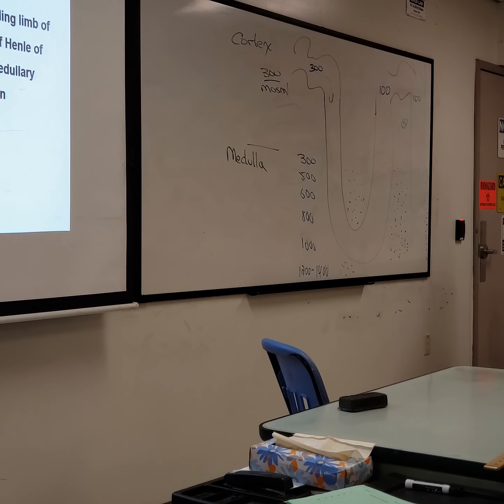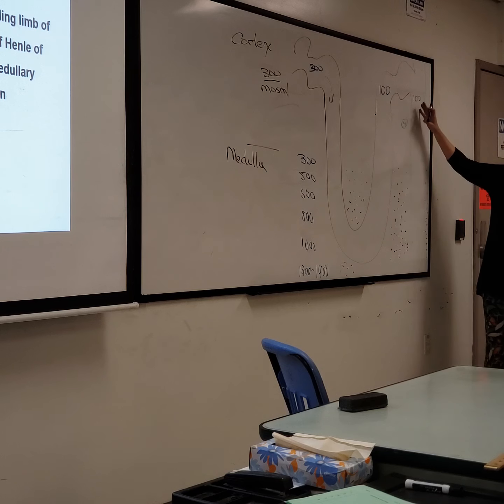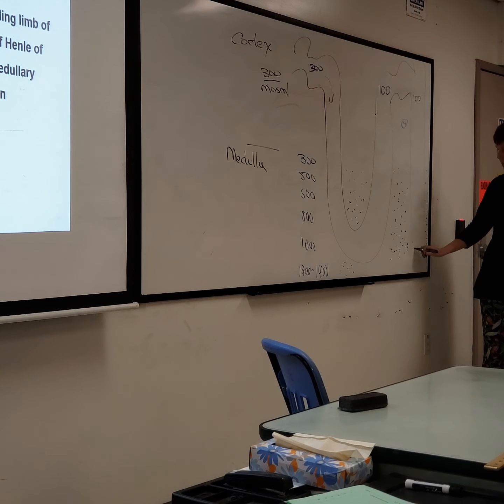So you have removed fluid from the filtrate and reabsorbed it into your body, and your urine that was 100 when it came out of the nephron loop, even late today, by the time it exited into the minor calyx, was probably 1200 or 1400. How did that happen?